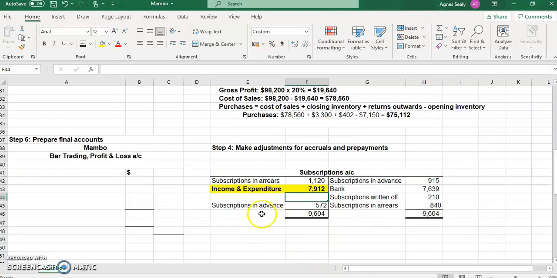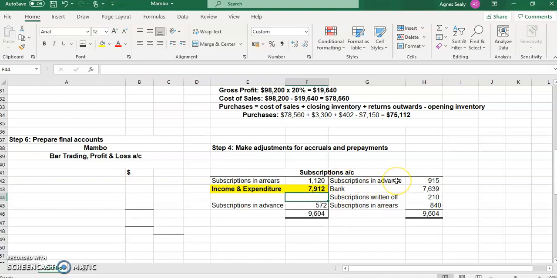And again, I said you can do the subscription account because some examiners ask you for it. But if it is not asked for, you can do an adding and subtracting method by starting with your subscriptions received. And to that, you will subtract your subscriptions in arrears at the beginning.